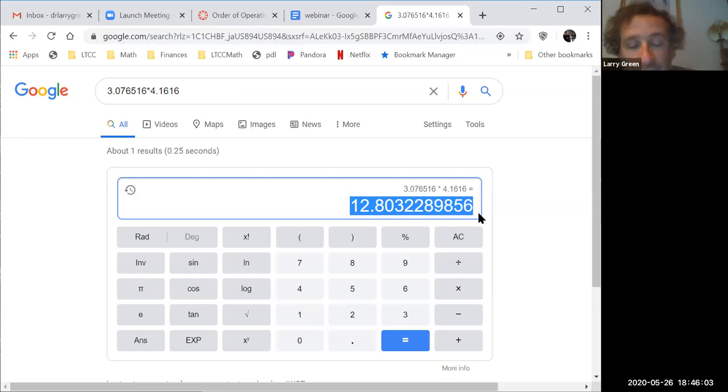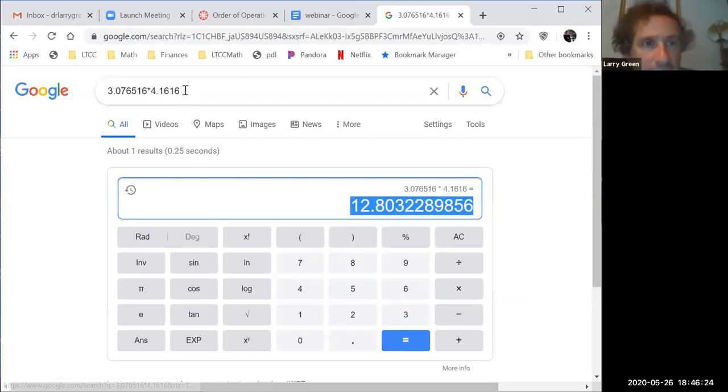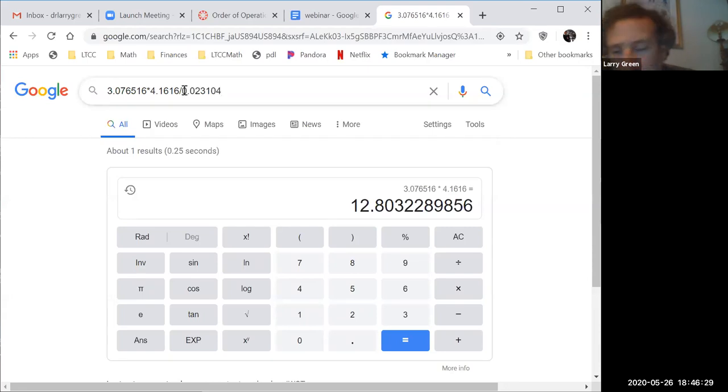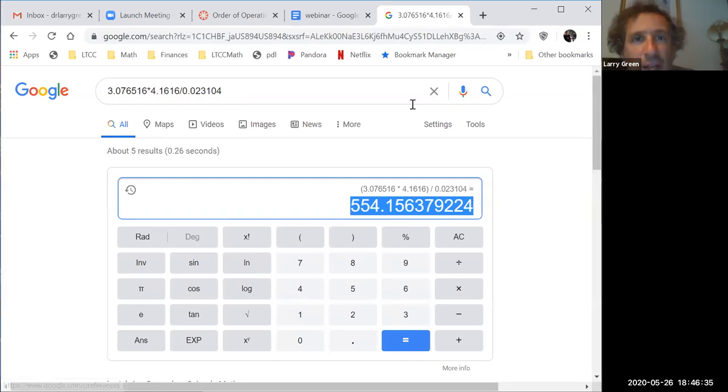It's getting long. And then the bottom is the same. And then finally divide. So I can just divide by what we got. And there we go. But there's a little more to it.